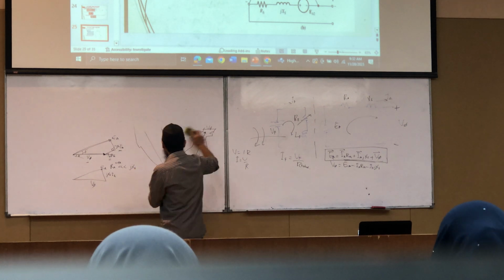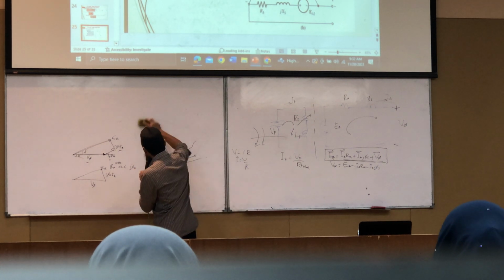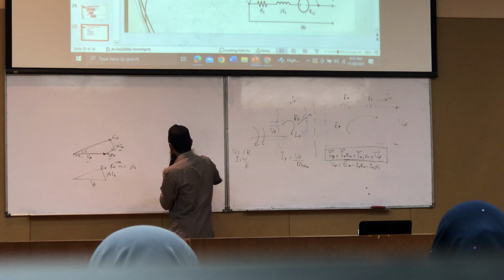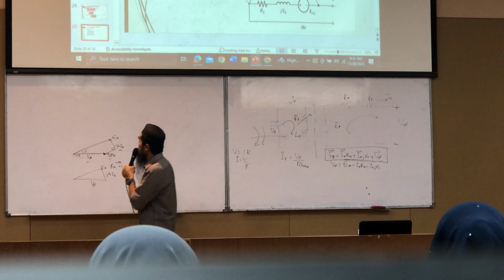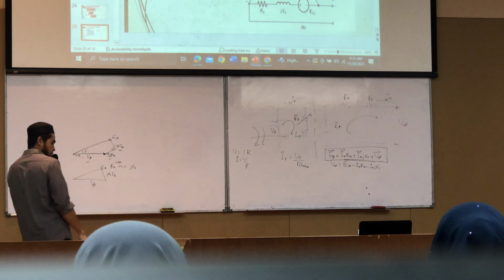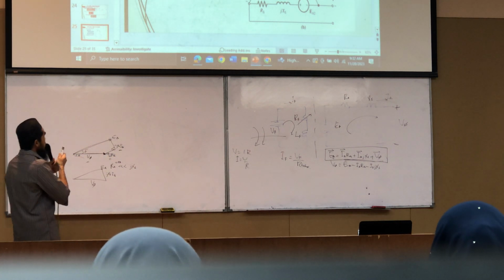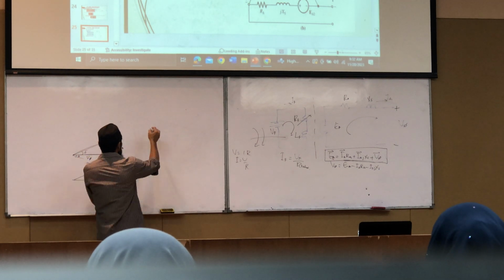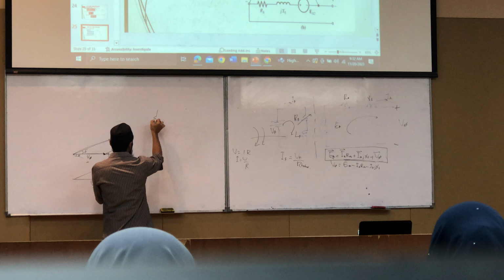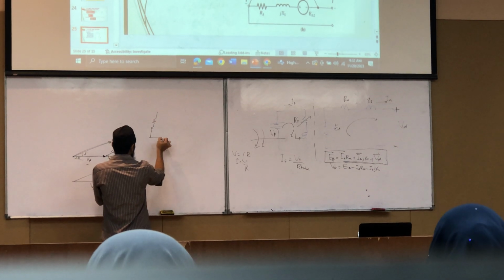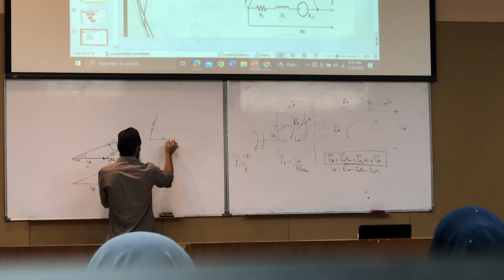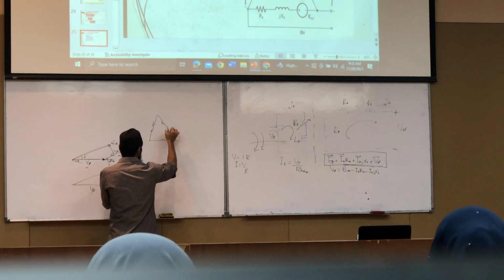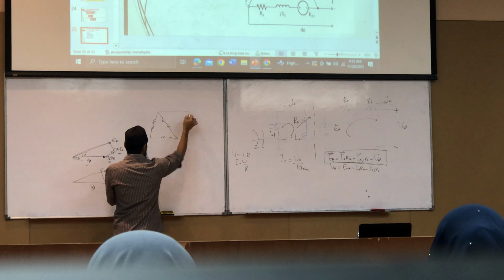You don't have to memorize, but you will have better you draw the circuit, then you justify the difference between your current and voltage based on current itself. Let's say you have a delta connected circuit, coil, resistive, coil, resistive.